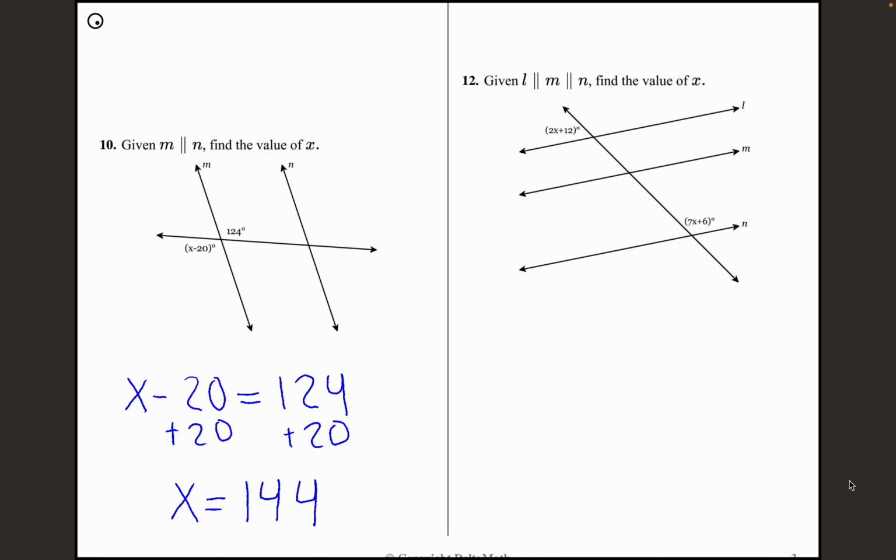How do we figure out y here? Because what do we say about these two angles? So what should we do to solve for this one? Yeah, do that next one.